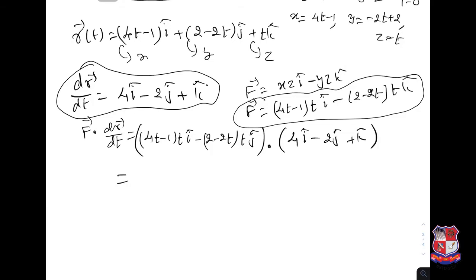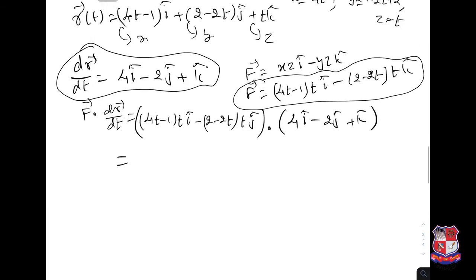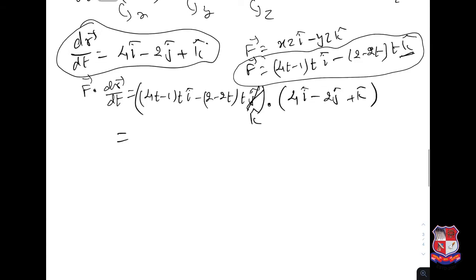The dot product is not difficult. Here it is 4i, so this is 4 into t into (4t minus 1).